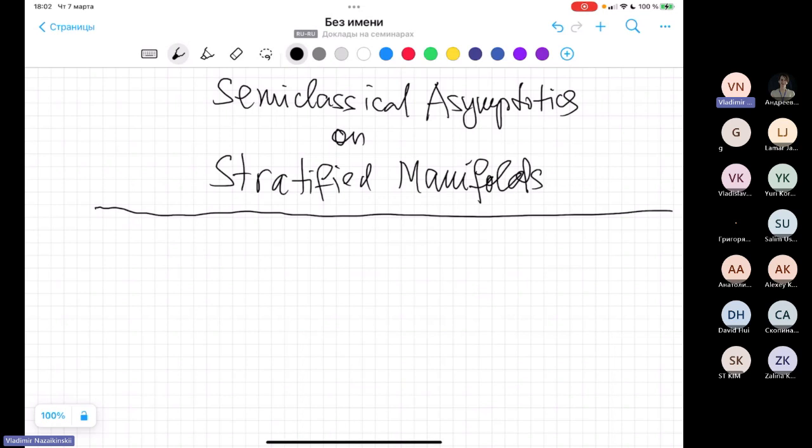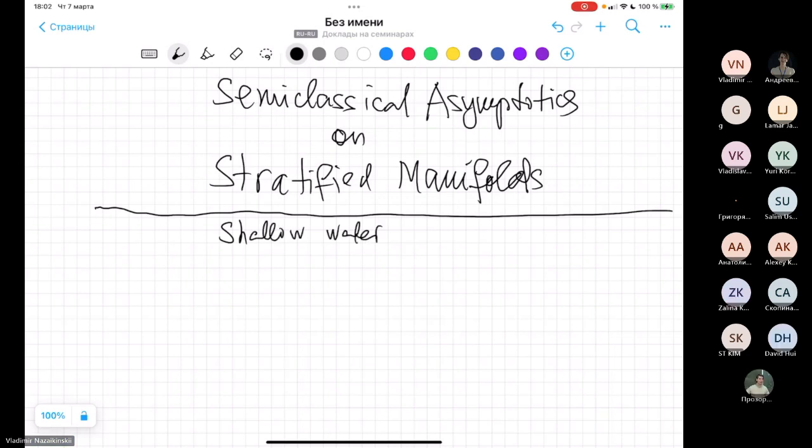The first problem is the shallow water equations in a basin with shallow coast. Let me have some domain D, which represents a basin of, say, water.